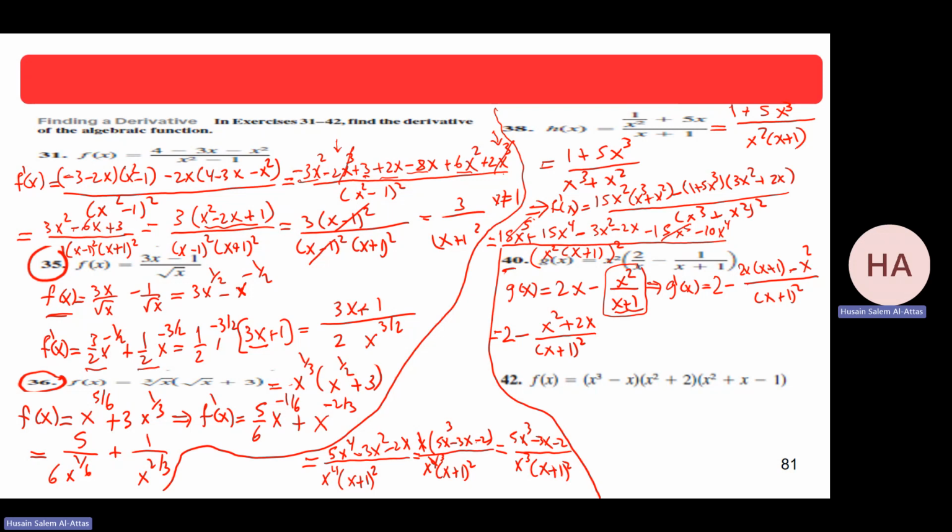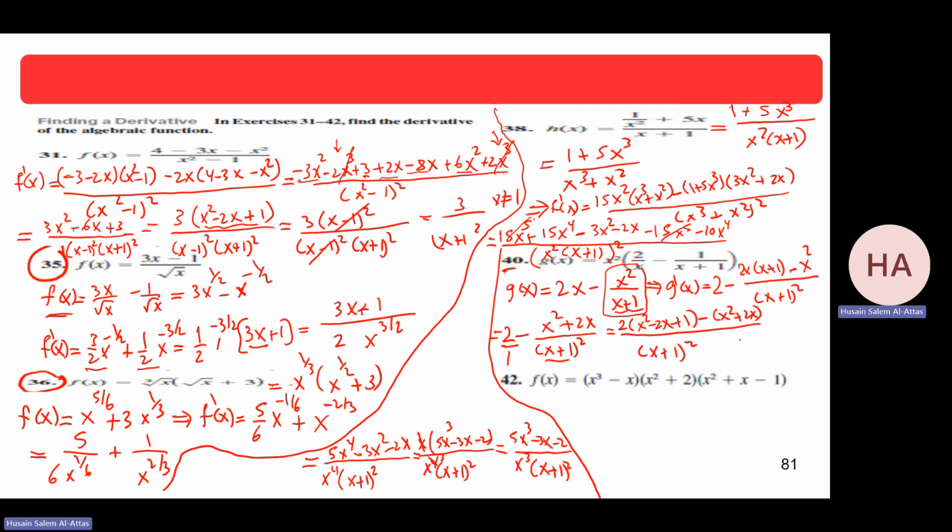In other words, make this over 1. So that will be 2 times x squared minus 2x plus 1, minus all of this, all over x plus 1 squared.